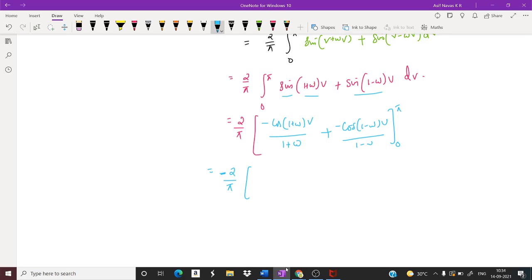Then this can be written as cos of 1 plus omega pi divided by 1 plus omega, putting in the limit, plus cos of 1 minus omega pi divided by 1 minus omega, minus the lower limit.